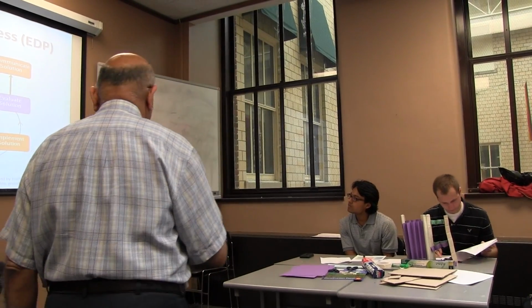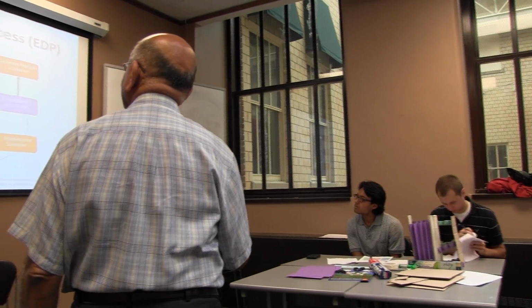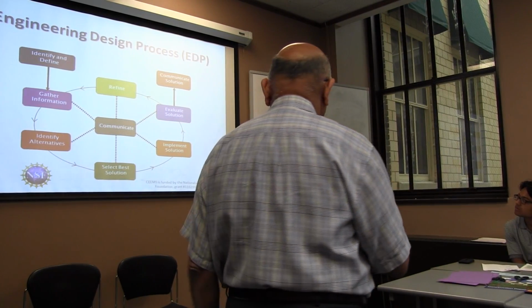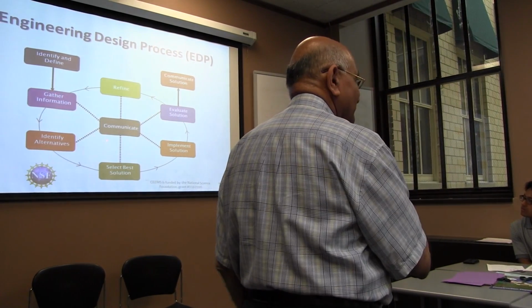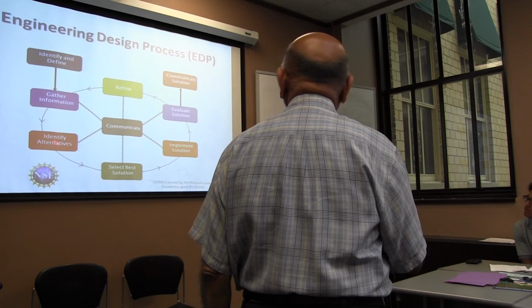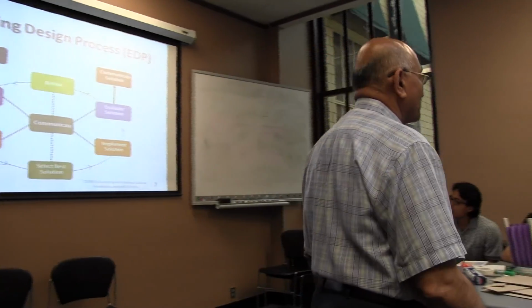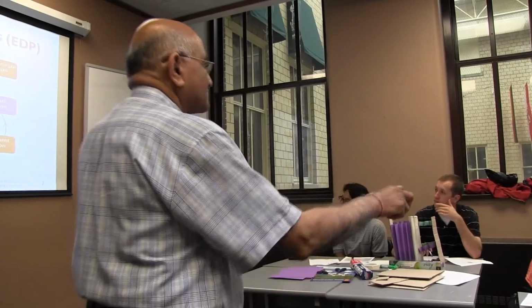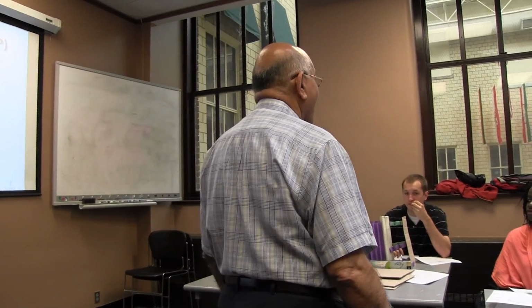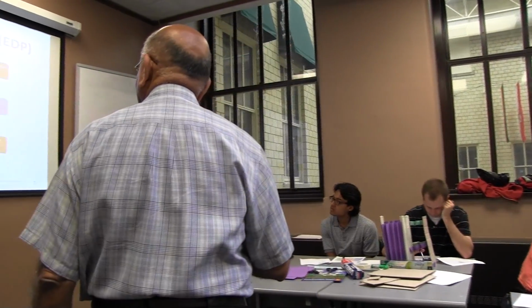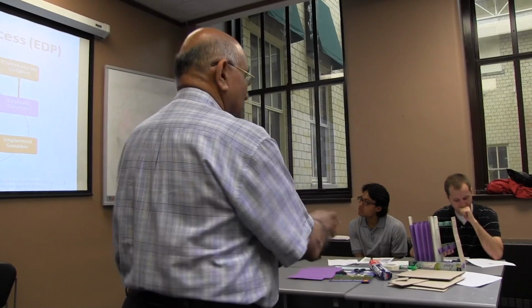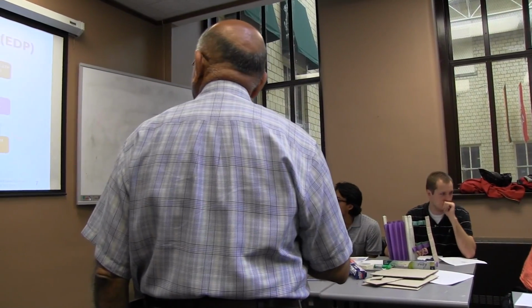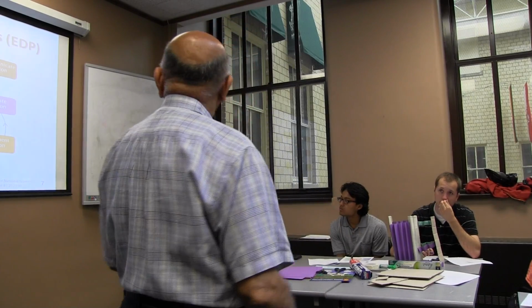So in the engineering design process, you first identified and defined the problem, then you gathered information, then you brainstormed different alternatives, and then decided to start constructing one. Okay? And so you selected your best solution that you decided to construct. Then you actually constructed it, so implemented the solution.